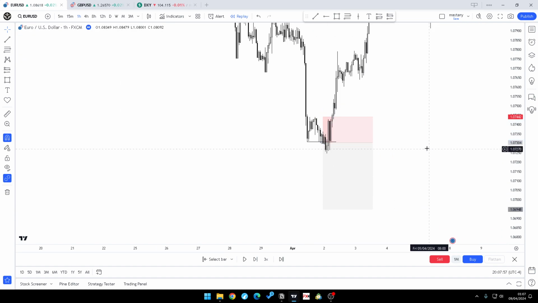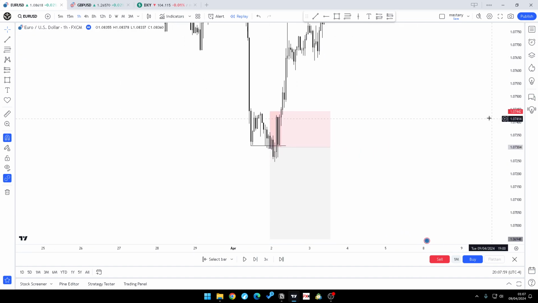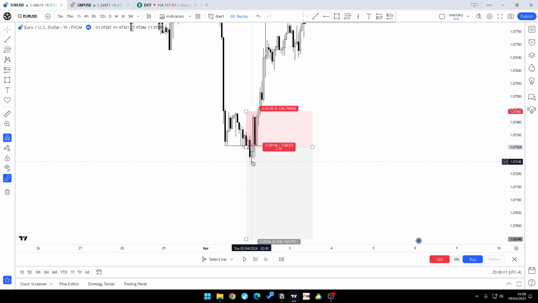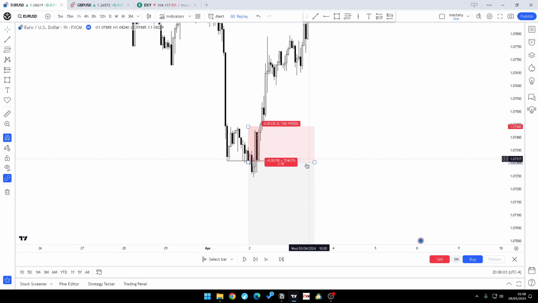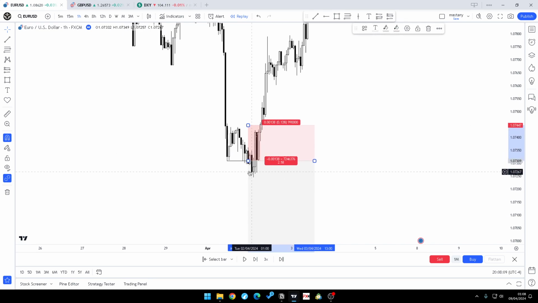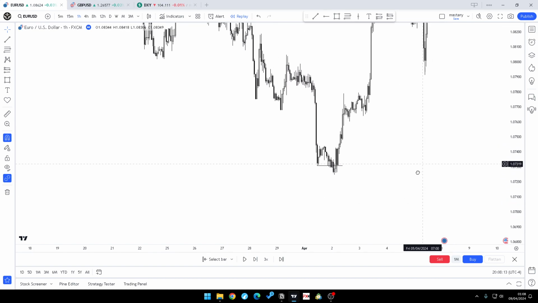And then what happens next is that time is more important, 2 a.m. The logic is more important, and their pattern trading is then completely violated on the upside.